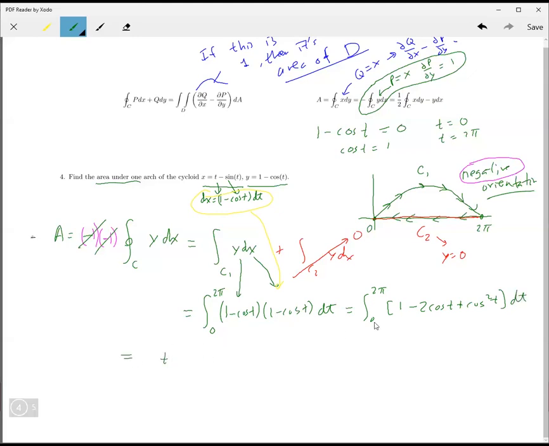And integrating, the integral of 1 is t. The integral of this is minus 2 sine t. And then the integral of this piece is 1/2 t plus 1/4 sine of 2t. Okay, and now it's going to go from 0 to 2 pi.